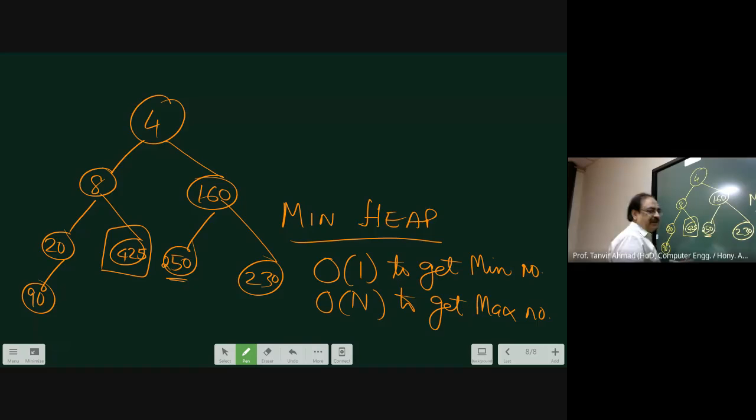So what does leaf mean? Those nodes which do not have a child. Therefore this is a leaf, this is a leaf node, this is a leaf node.